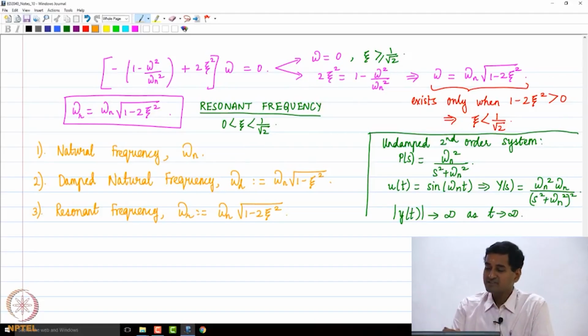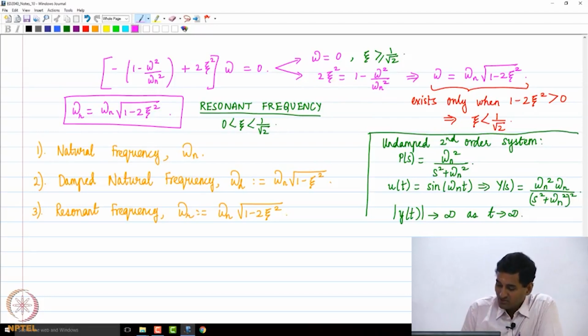One famous example typically given to illustrate this is the Tacoma Narrows Bridge collapse. Please search online and watch the video.